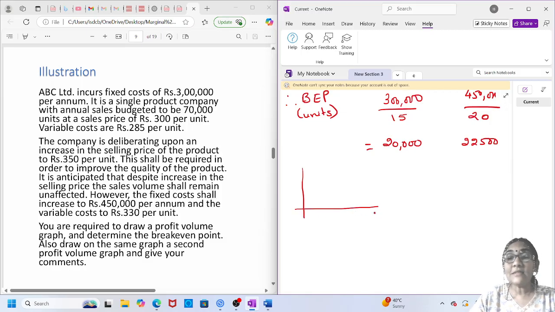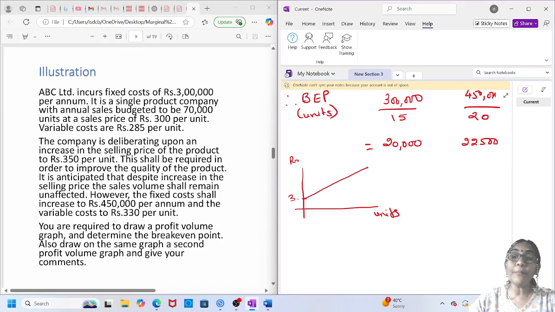On the x-axis, you will have units. On the y-axis, you will have rupees. Your starting point for the total cost would be from the point of fixed cost, because even if you do not manufacture anything, you will still incur the fixed cost. So in the current situation, 3 lakhs would be the starting point for your total cost.